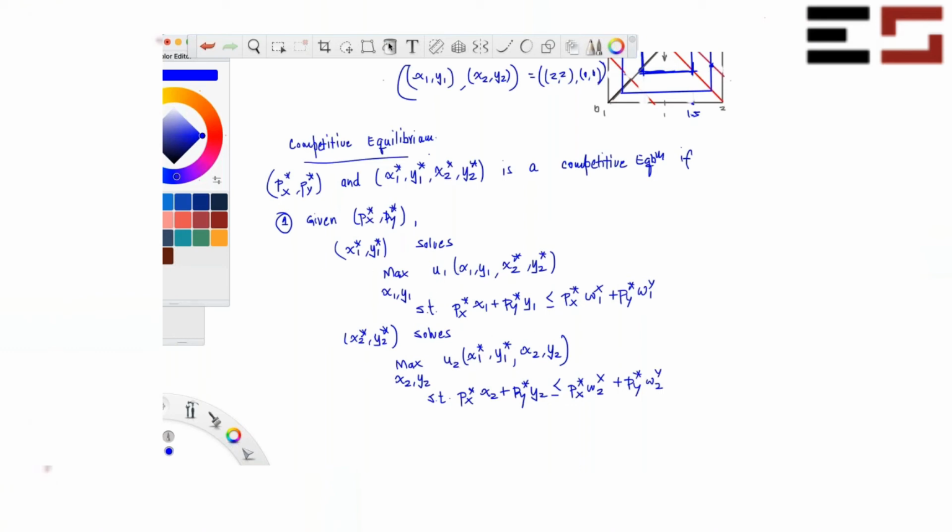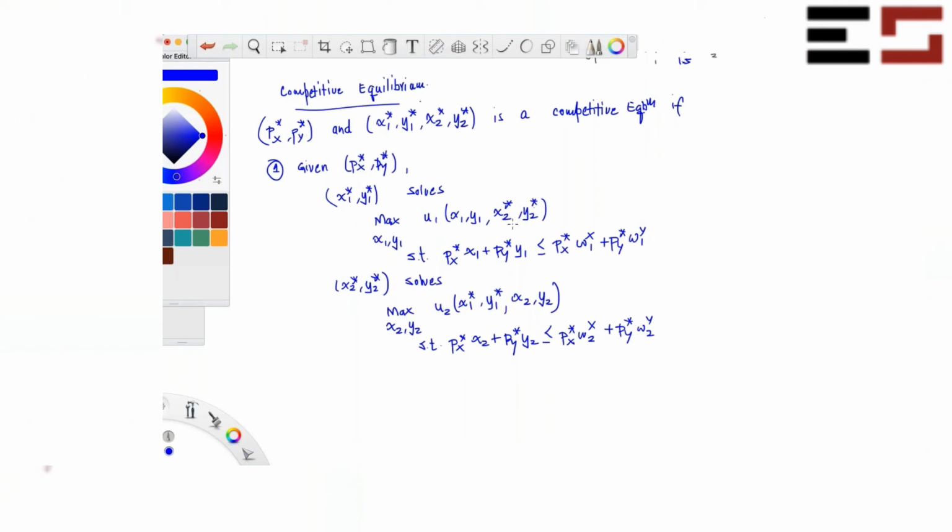Is that fine? So x1 star, y1 star is the best response demand of consumer 1 given consumer 2's demand, and x2 star, y2 star is the best response demand of consumer 2 given consumer 1's demand. So basically x1 star, y1 star, x2 star, y2 star is a Nash equilibrium given these prices. This is what this whole thing is all about.